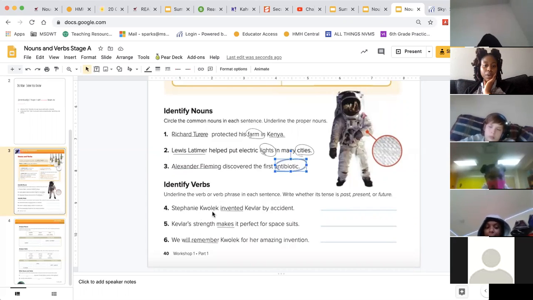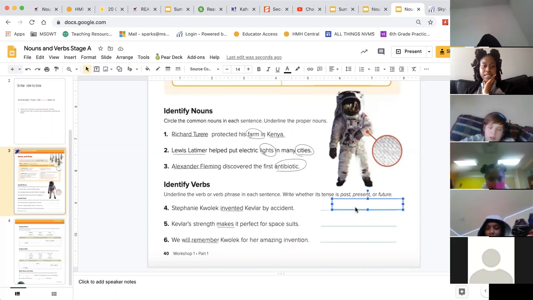Stephanie Colwick invented Kevlar by accident. Ben, what tense is this? Past, present, or future? Stephanie Colwick invented Kevlar by accident.